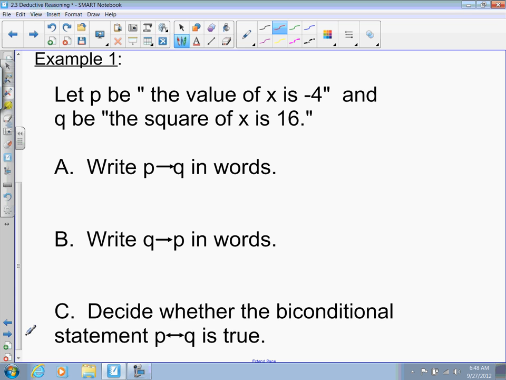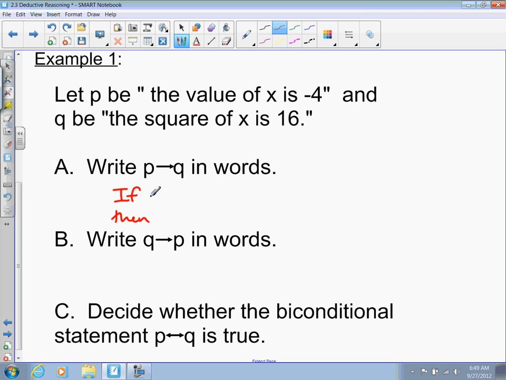Let P be the value of x is negative 4, and Q be the square of x is 16. So here they want us to write the regular conditional statement in words. So how do I take the hypothesis, P, and the conclusion, the square of x is 16, to write a conditional statement? Most of the time we're going to write if something happens, then what happens.